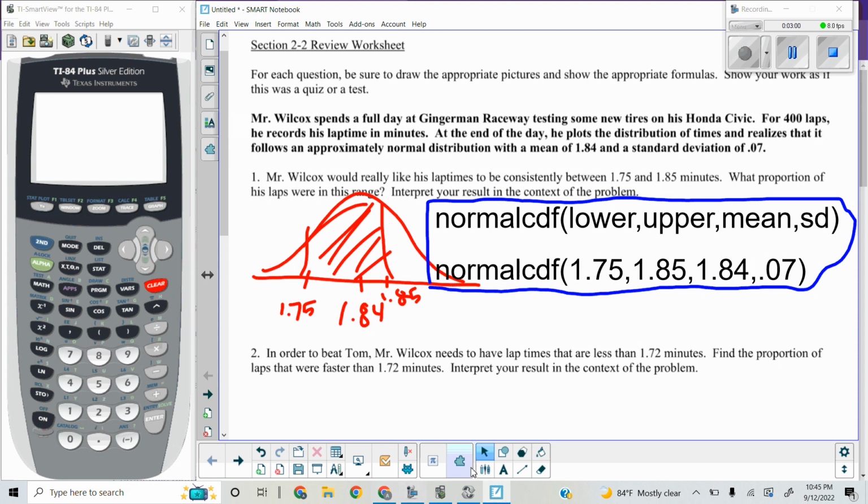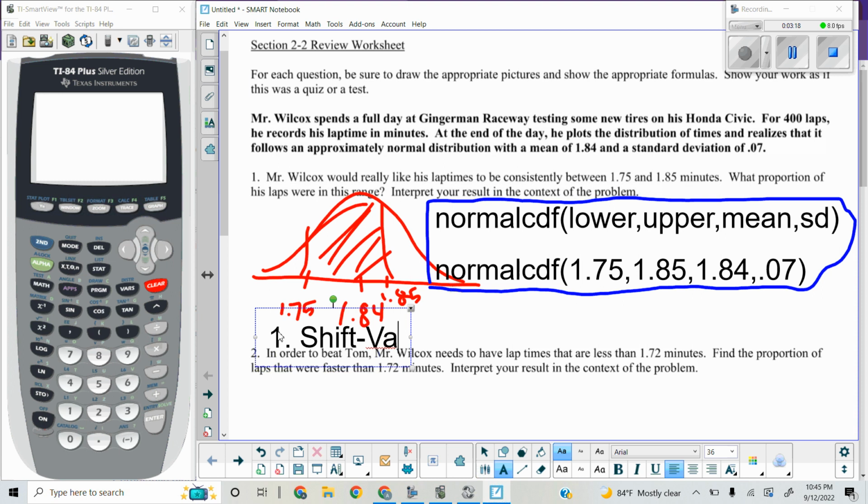So now how do we plug these in? It's actually two pretty quick steps, kind of three. First you're going to press second, and then vars, because above that is distribution.